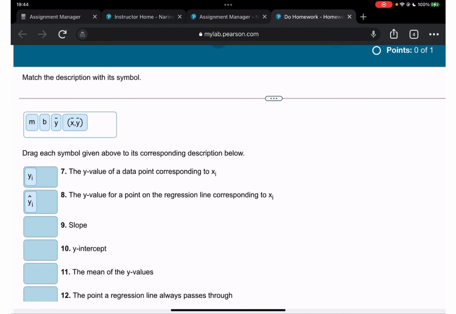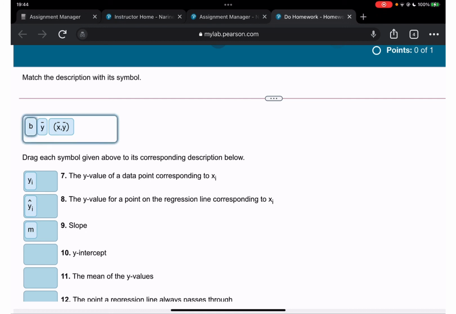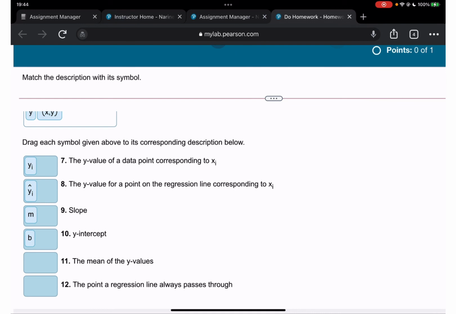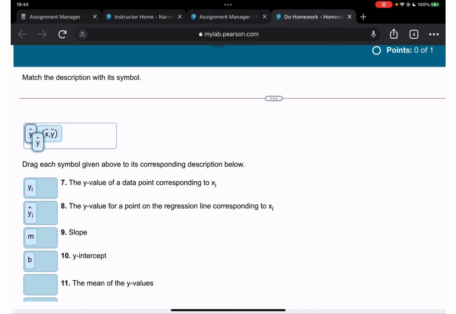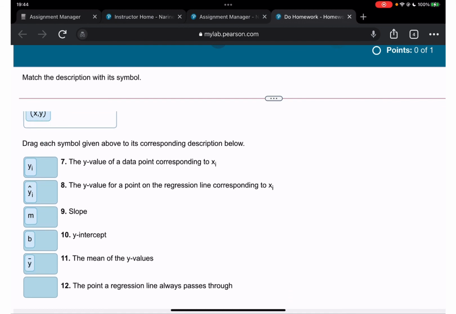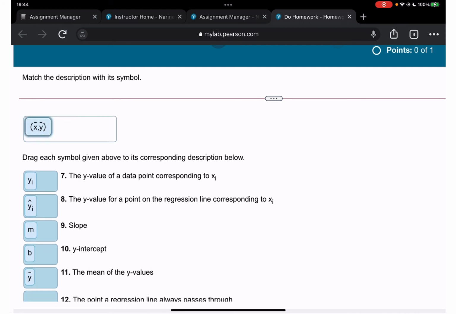Slope, that's easy from algebra. Y-intercept, that's going to be b. Remember, mx plus b. The mean of the y value is going to be y bar. And the point of regression, the line always passes through x bar, y bar.